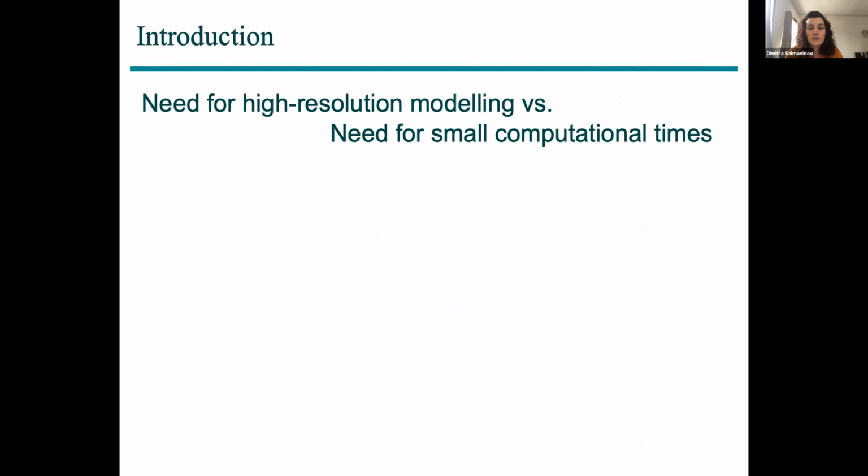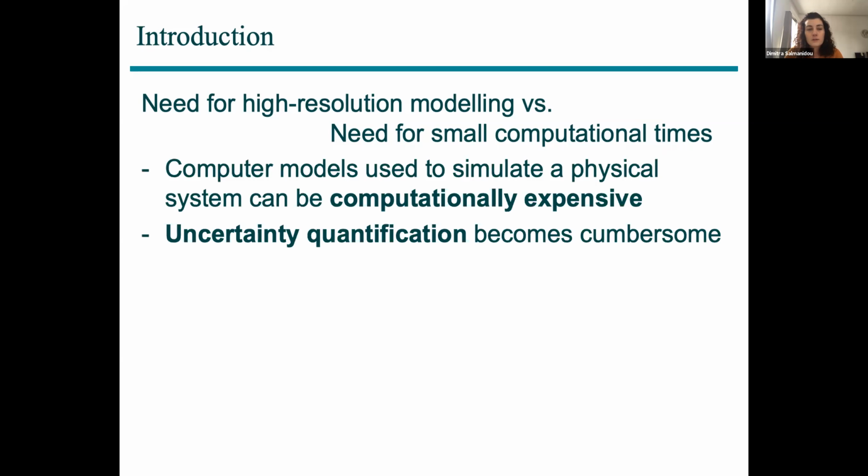So in tsunami hazard, there is in general a need for high-resolution modeling to inform, for example, disaster mitigation plans. And this often comes in contrast with the need for small computational times that might arise from limited computational resources or for other reasons. Depending on the choice of the fluid dynamics, the numerical schemes, or numerical meshes that we're using for the modeling, the computational codes can be quite expensive.